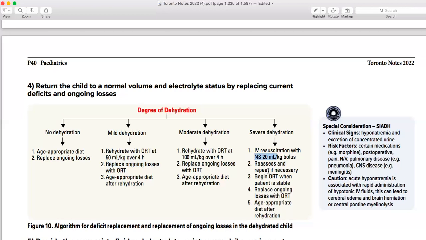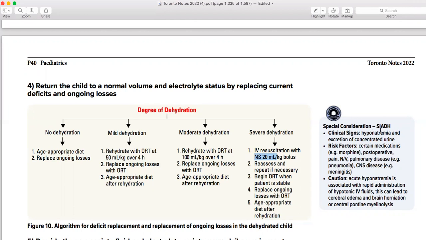As soon as the baby starts coming back from severe to moderate, you are going to switch from IV to oral, if he can take it. Otherwise, you have to continue with IV. If he can take oral, then you have to switch from IV to oral as soon as possible. So you need to know this.